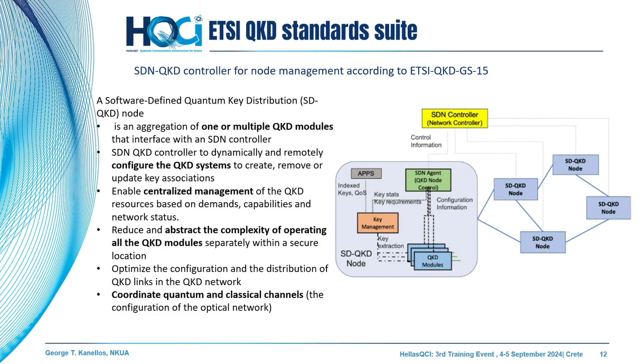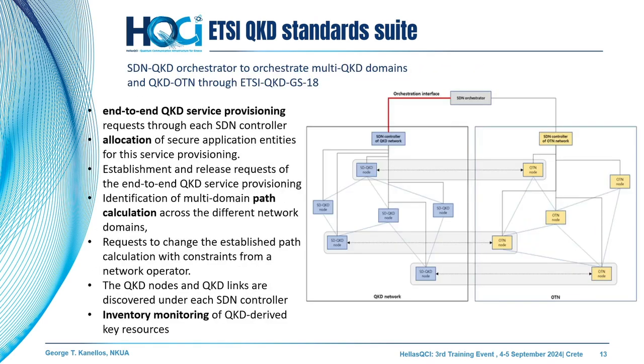and was attempting to specify how the SDN agent of each particular node should operate. And this comes in link with ETSI QKD GS18, which aims to describe how to orchestrate such a network that is populated with SDN QKD agents, or nodes with a capability of SDN QKD.